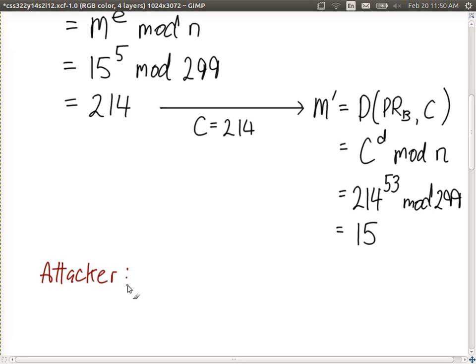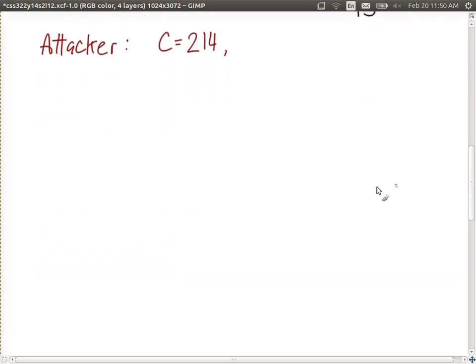So they know the algorithms, the ciphertext, and the public key. So we know C equals 214. What else do we know? We know the public key of B. E was what? 5? Is that right?